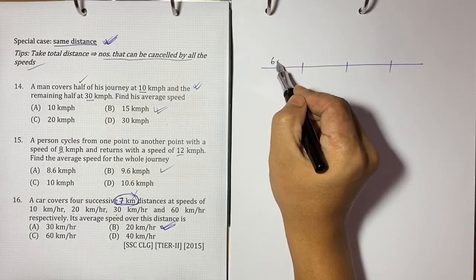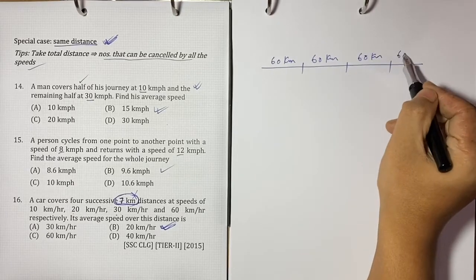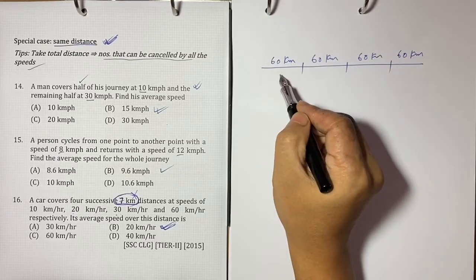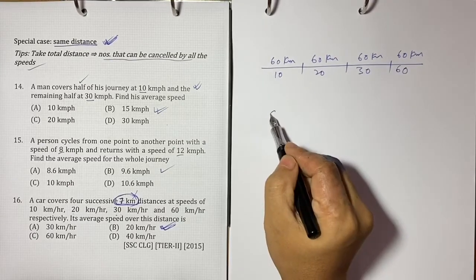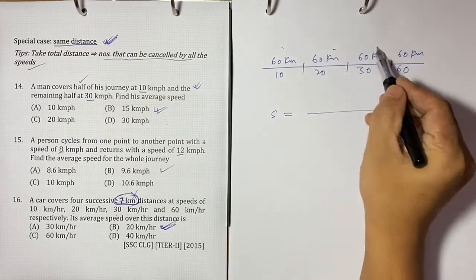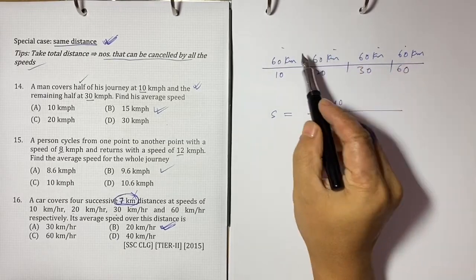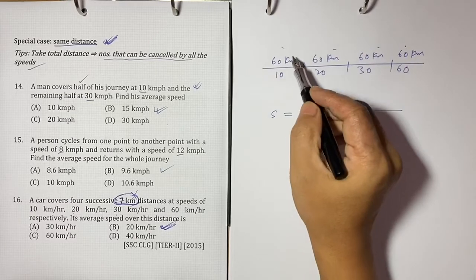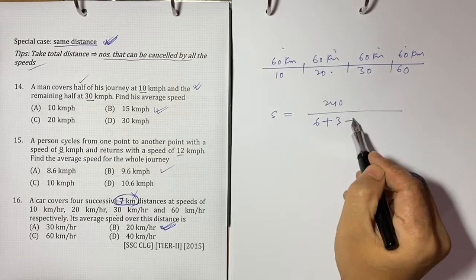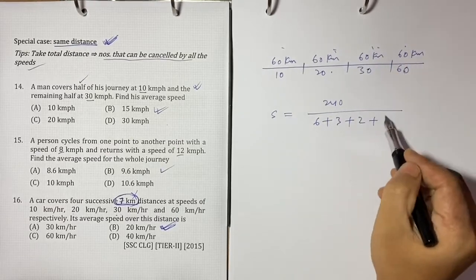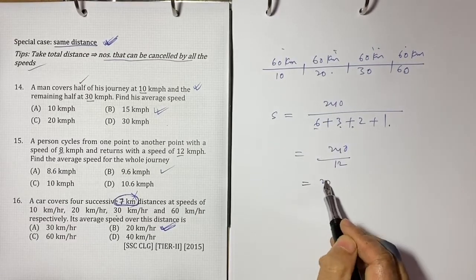Take 60 kilometers each: 10 kilometers per hour, 20 kilometers per hour, 30 kilometers per hour, 60 kilometers per hour. Total distance is 60 plus 60 plus 60 plus 60, that is 240. Speeds give 60 divided by 10, 60 divided by 20, 60 divided by 30, 60 divided by 60. So 240 divided by 12, the answer is 20.